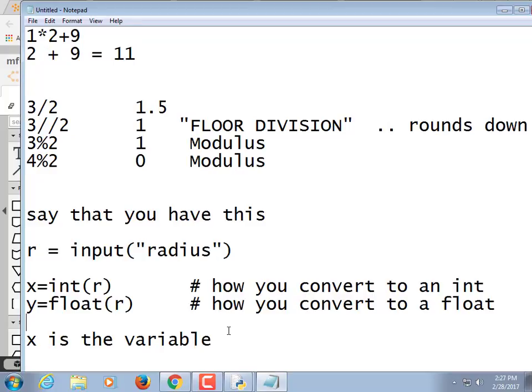X is the variable. R is the quote argument, but we haven't really talked that much about methods, so that word argument hasn't come up a lot yet. Also known as a parameter when you write your function. So when I had R is equal to int R, and when I asked you what R was, if you had yelled at me and said, nuh-uh, it's a parameter, you would have been right. But R is a variable, and int and float are functions.